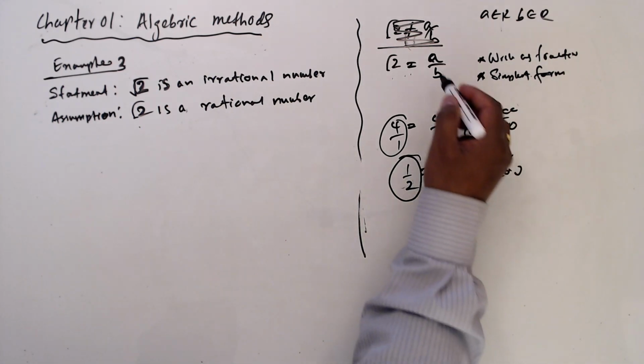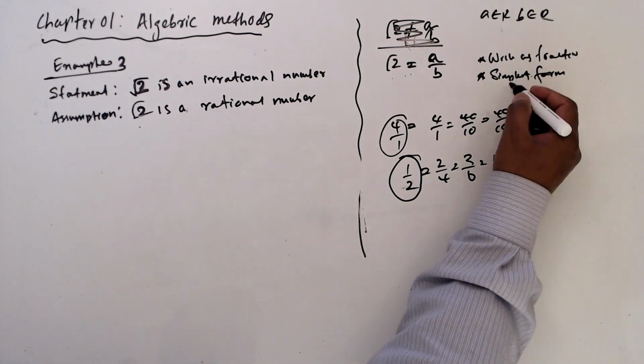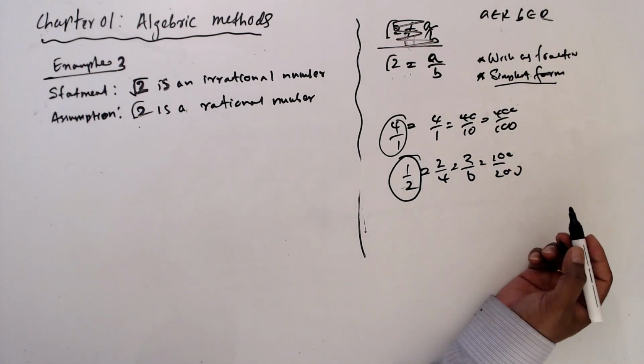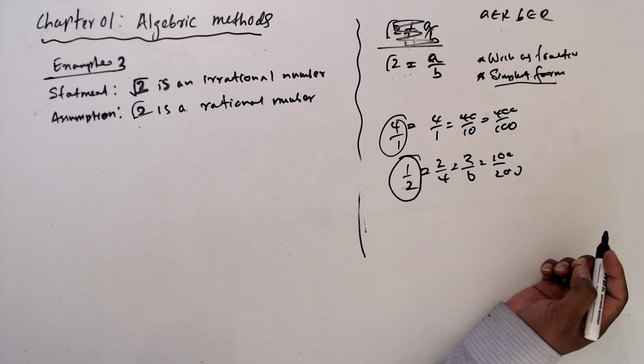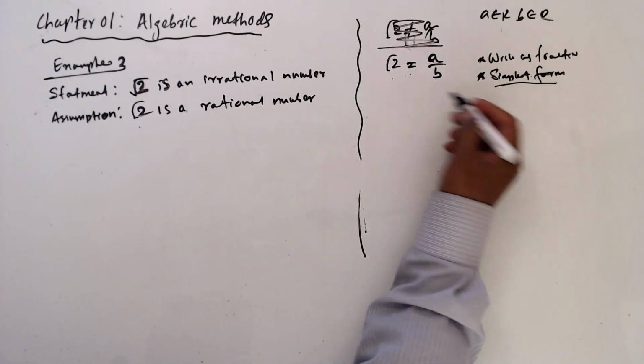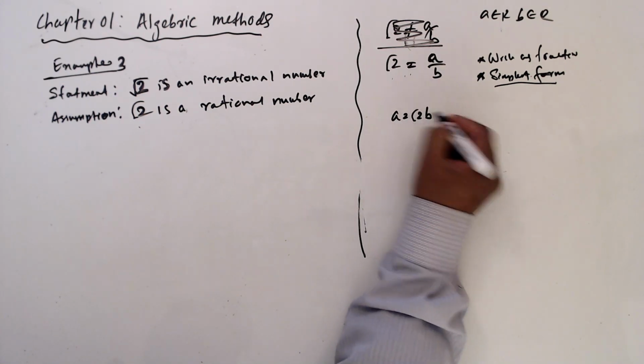So we assume that a and b, we can't further simplify a over b. And we are going to show that this term can be further simplified. Now, this is the argument. So I will write a equals square root 2 times b.